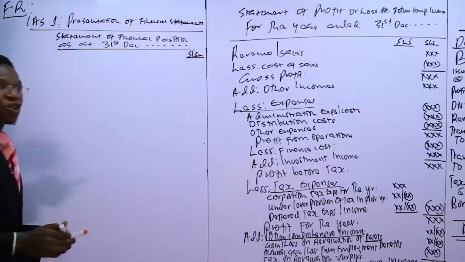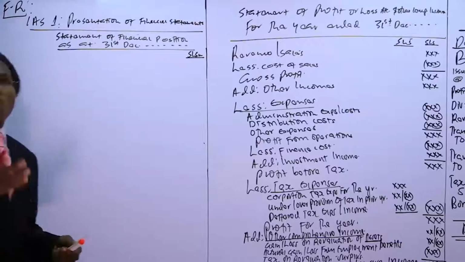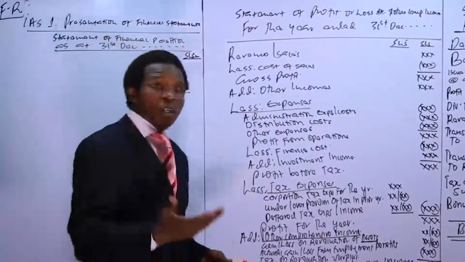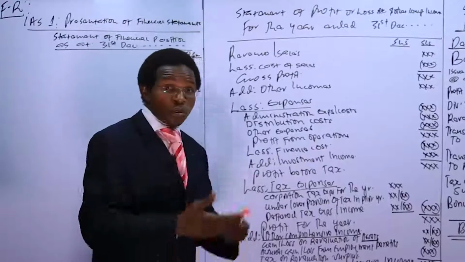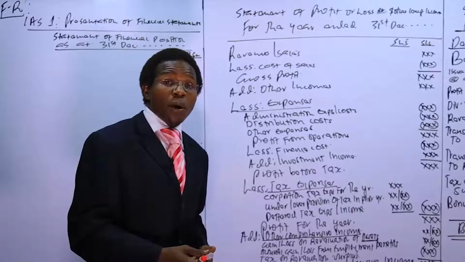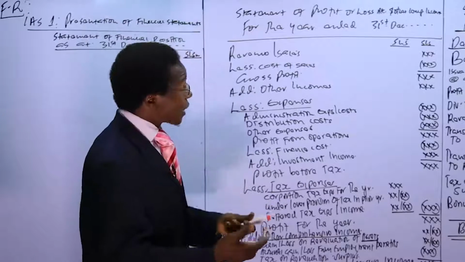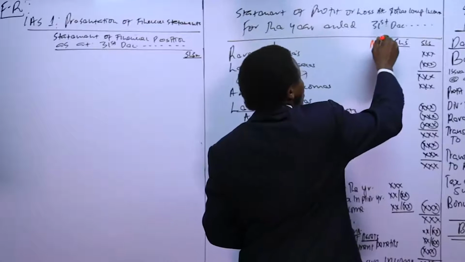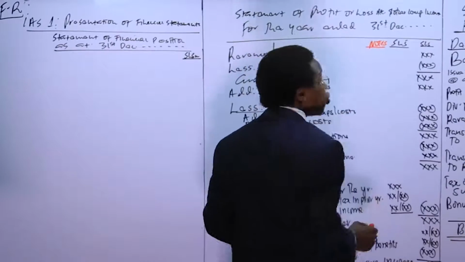Now for presentation purposes, something I need to remind you: for the purpose of our practice, and these are some of the trainings I normally give to one of the firms that I'm a consultant, you'll always be required to give the relevant notes.